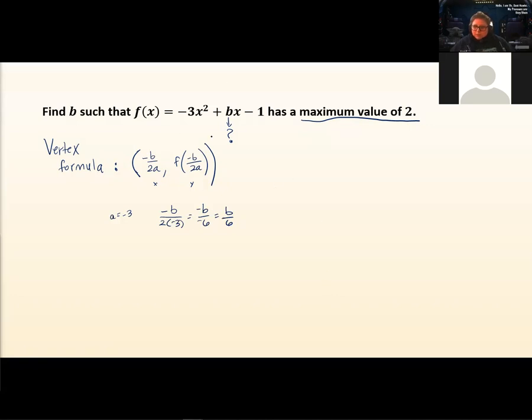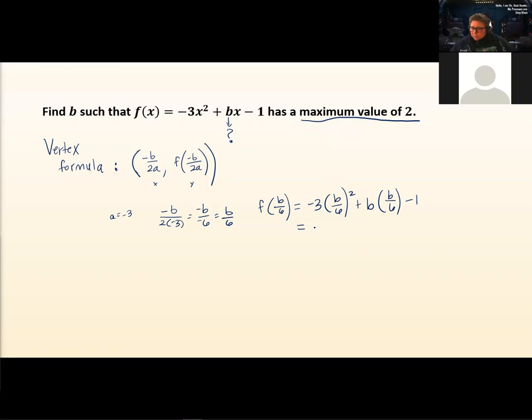And if we were plugging this in for X, so F of B over 6, we have -3 times B over 6 squared plus B times B over 6 minus 1. So far, so good. Yeah, we just plugged it in.